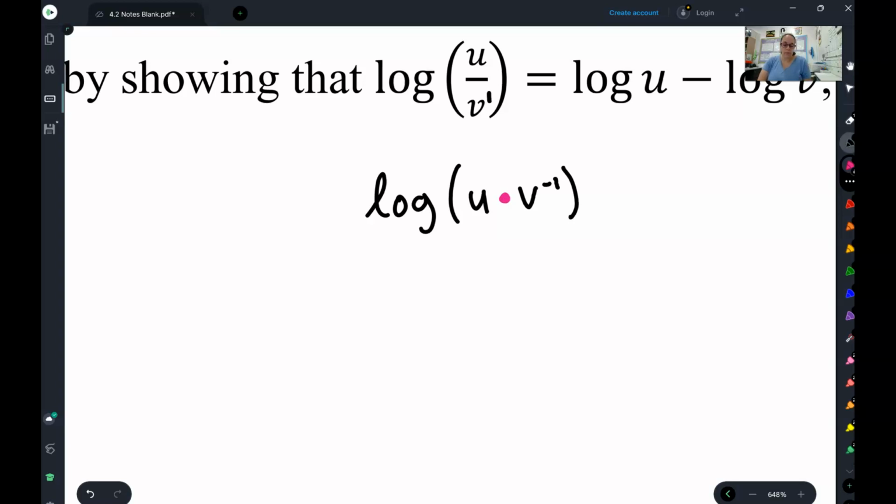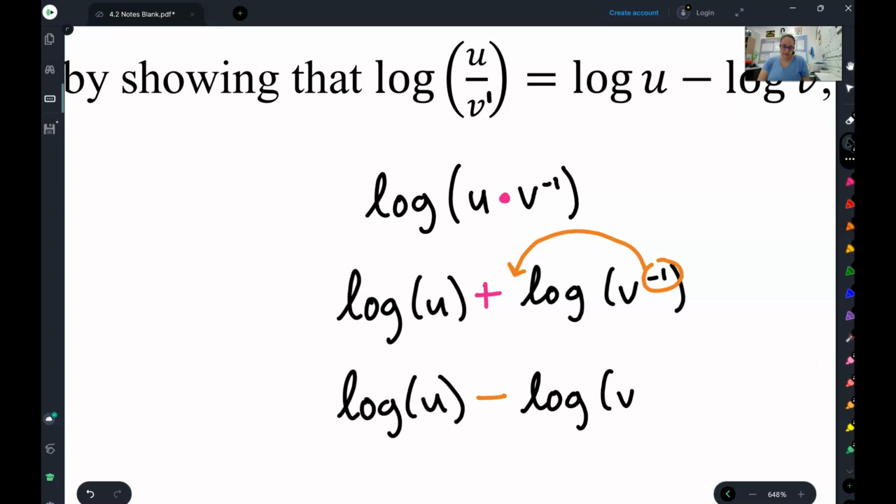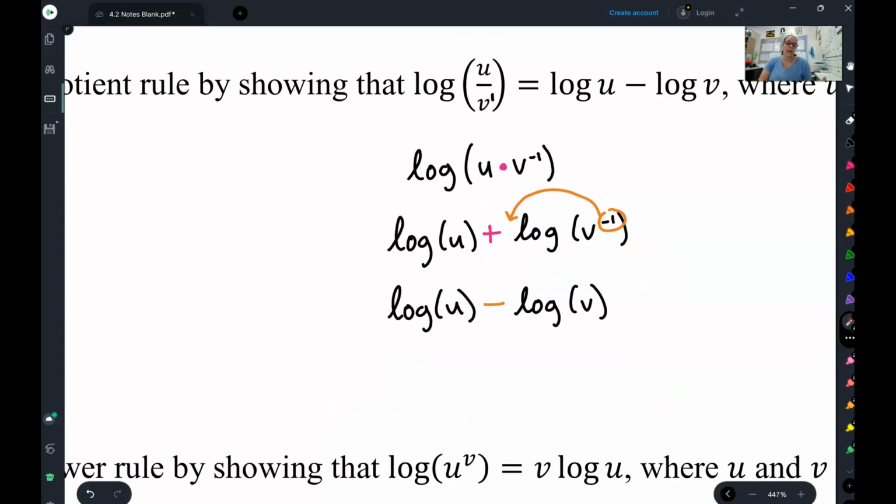Well, we just talked about our properties of logarithms, where multiplying is going to turn into addition. We also just talked about a property that said I can take this negative 1 and move it out in front. So let's do that. If I move a negative out in front, that's going to turn that plus into a minus. And ta-da! Our division turned into subtraction. So that is why that rule works.